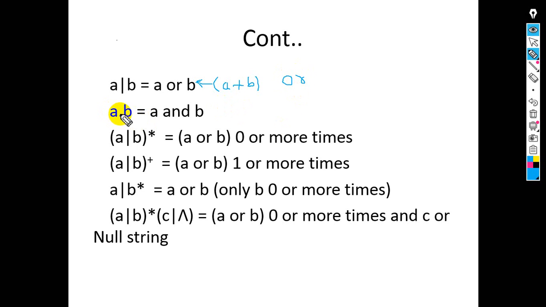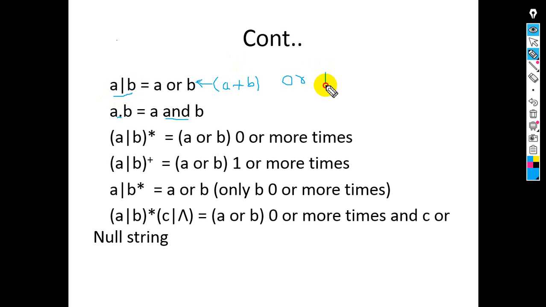Second one, A dot B. This dot means and. What does it mean? It means A and B. For example, this is a regular expression, which represents a set of strings.